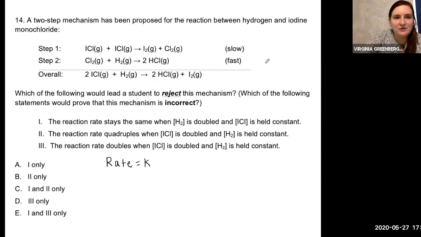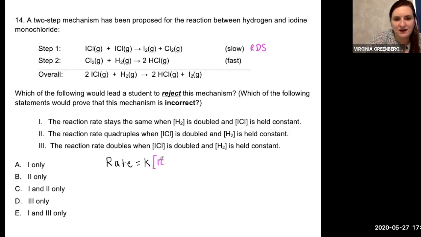And so here, number 14, we have a 2-step mechanism, and they've told us the first one is the slow step. And so this is going to be the rate determining step. And so let's go ahead and just figure out what our rate law is. I kind of started that below, but it's actually really convenient when the first step is the slow step because you can just go ahead and use the stoichiometry to write it.